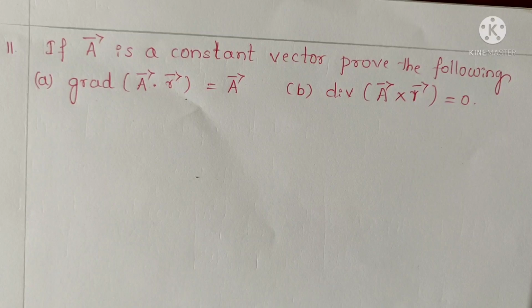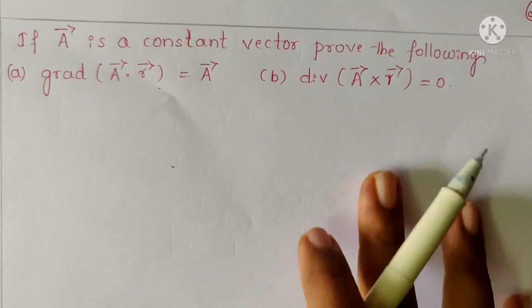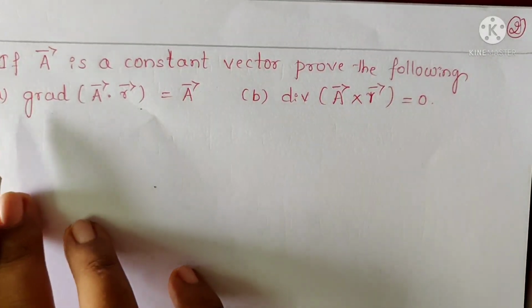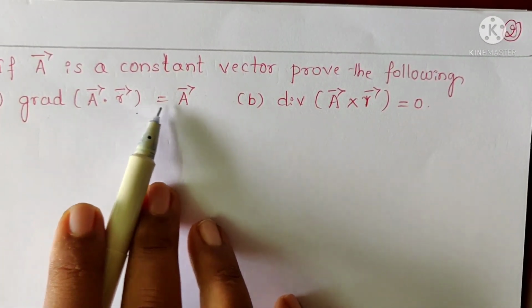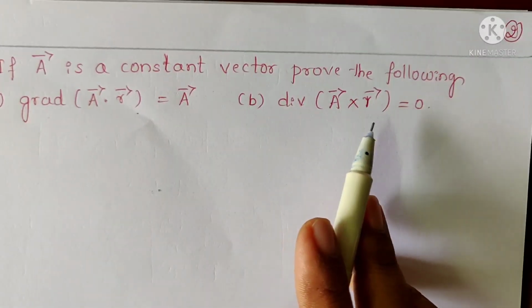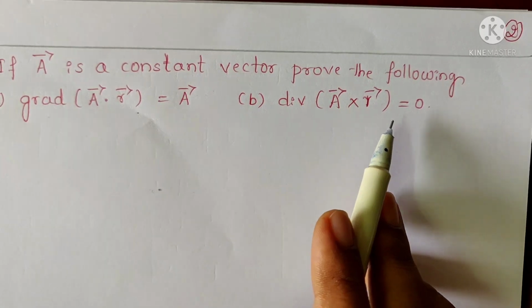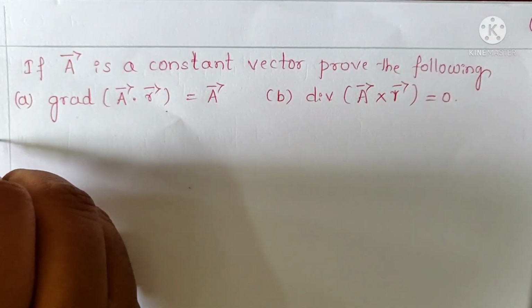So next example. If vector A is a constant vector, prove the following. First one, the gradient of A dot R is equal to vector A. B, the divergence of A cross R is equal to 0. Yes. So solution.